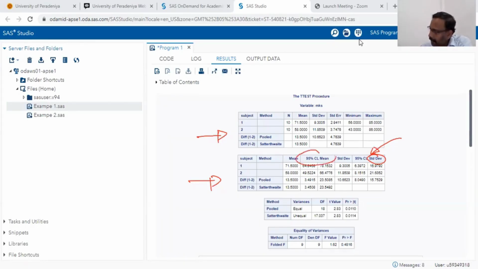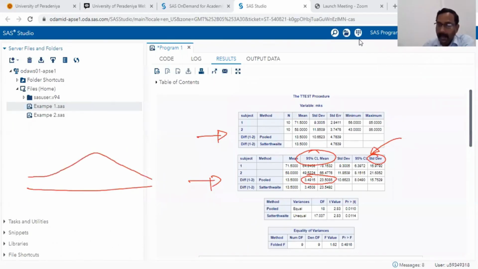But here, this is really the confidence interval for the means, the upper value and the lower value. So this is the confidence interval for the mean difference. I'm recalling what you have learned in your first course, because we need to talk about that also, the statistics.